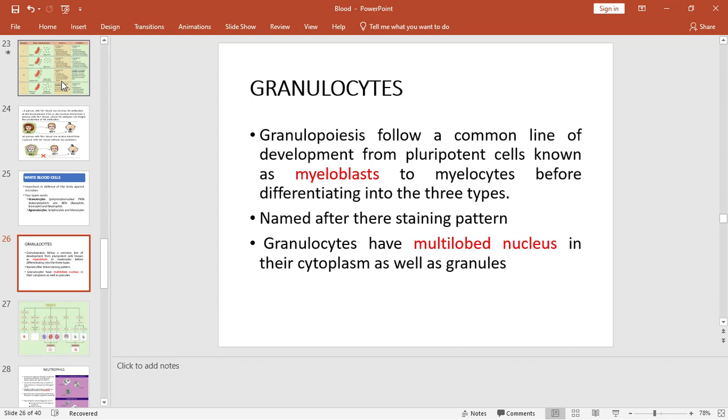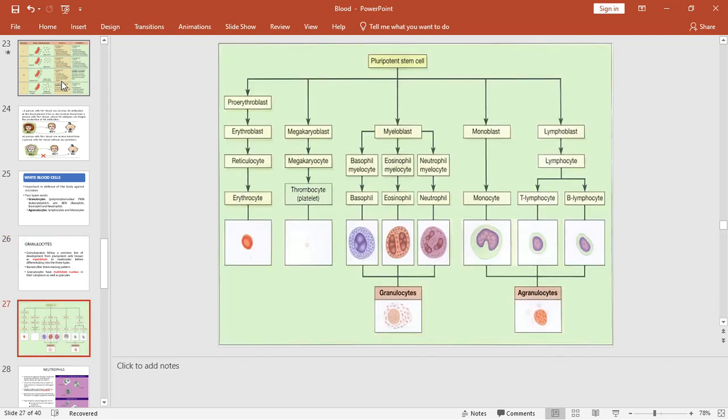They're going to come from the myeloblast before differentiating into the cells that eventually give us the basophils, eosinophils, and the neutrophils. So the interesting thing about the granulocytes, apart from having these granules in the cytoplasm, is that the nucleus is bilobed. All right, that's one interesting thing about them.